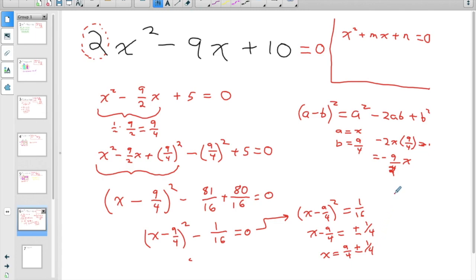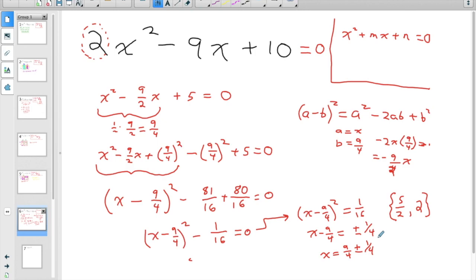Our solution set itself would be: 9 plus 1 is 10/4, which is 5/2, and 9 minus 1 would be 8/4, which is 2. So there's our solution set.